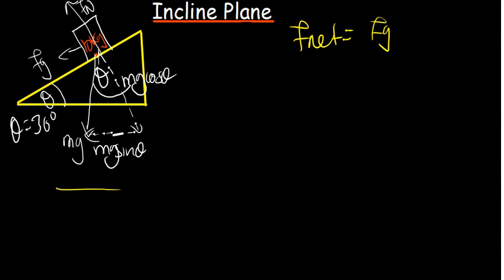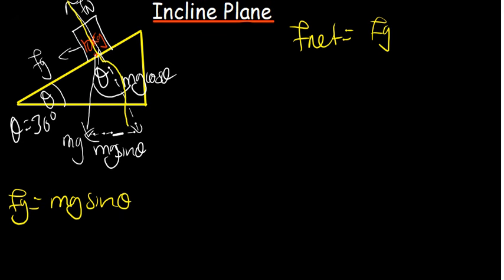They are all going in this direction. Therefore, we can set them equal to each other. Fg will always be mg sine theta. Again, we know that the normal force we are getting is perpendicular to the line which we are going to have.